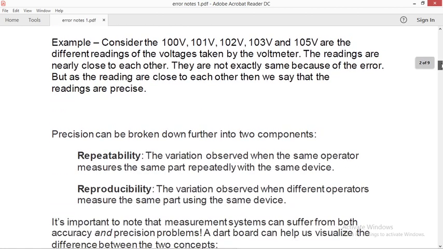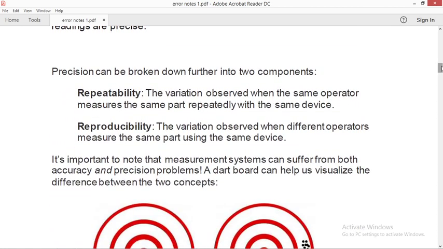Now precision, again, they have broken down into two more components, which are repeatability and reproducibility. Repeatability means the variation observed when the same operator measures the same part repeatedly with the same device. We can go back to the experiments that we used to do in physics.